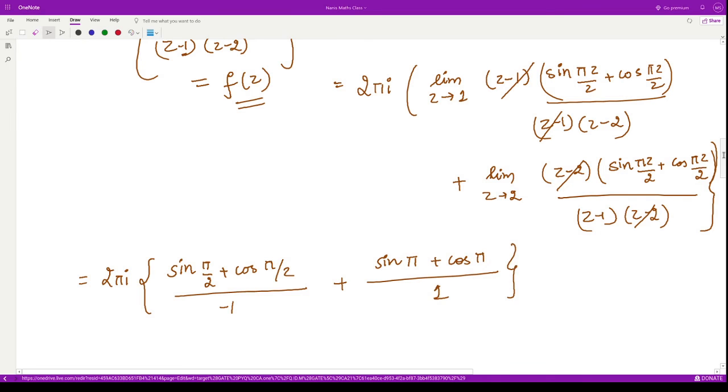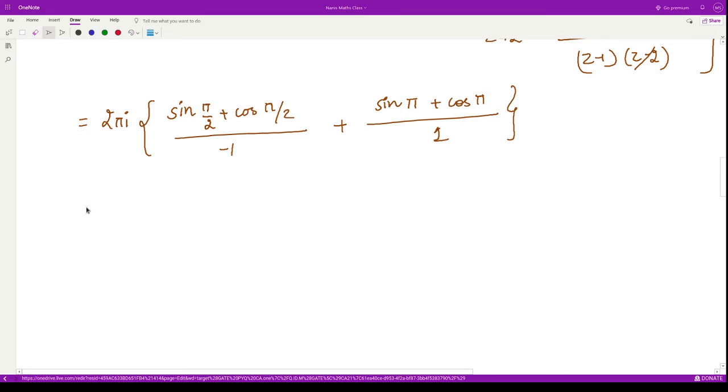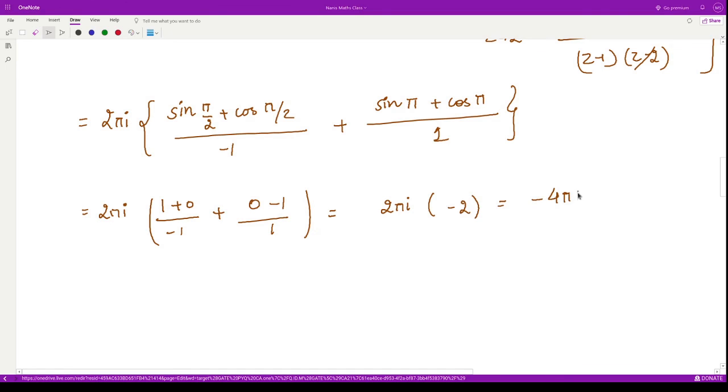We all know the value of sin(pi/2) is 1, and the value of cos(pi/2) is 0. The value of sin(pi) is 0, and the value of cos(pi) is minus 1. So it would simply be 2 pi i, and here it would be minus 1 and minus 1, so minus 2. That would simply be minus 4 pi i.